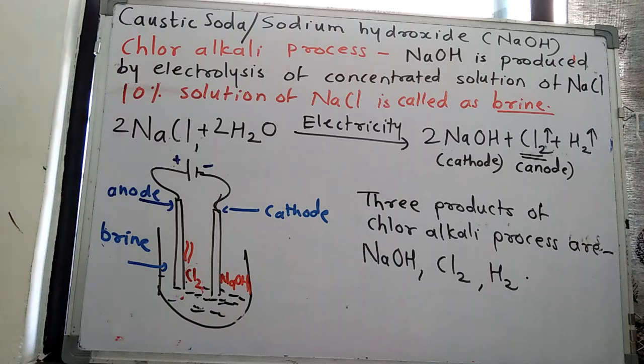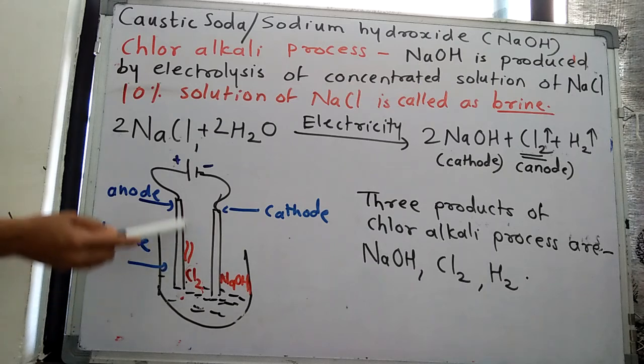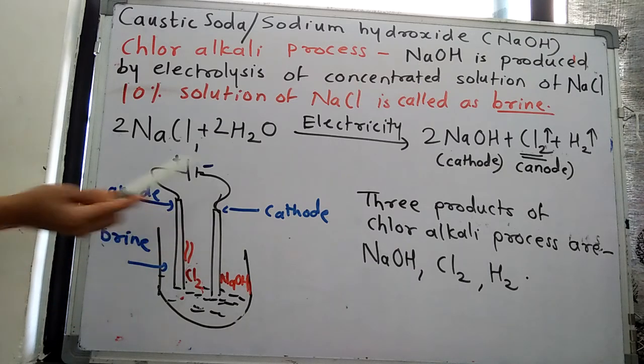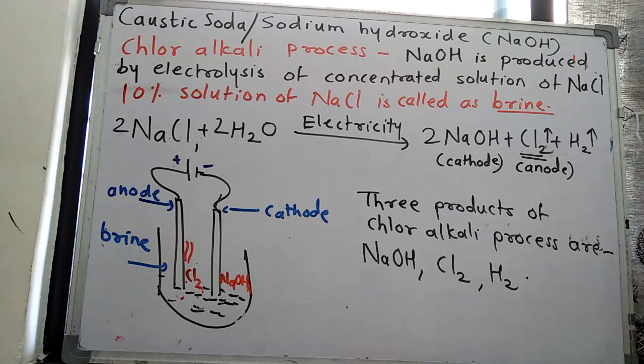When we pass the electric current, we get three products. First product is NaOH, sodium hydroxide, second one is chlorine gas, and third one is hydrogen gas. So in this electrolysis of brine, these are the two electrodes, anode and cathode.